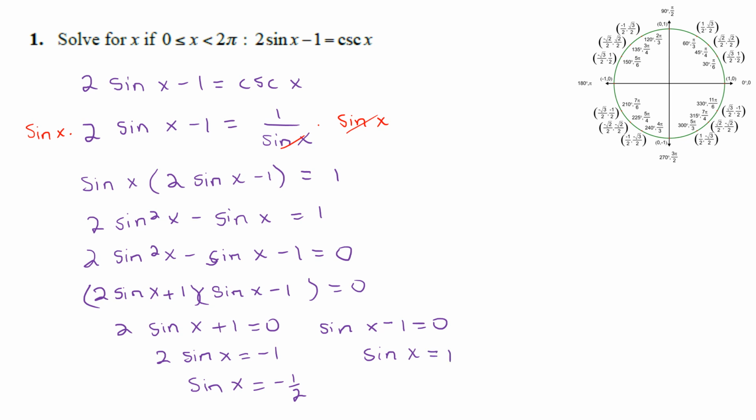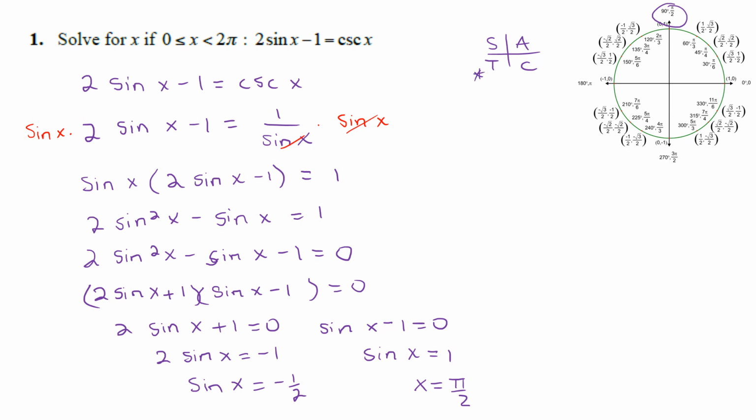I'm going to utilize my unit circle to help me identify the angles in radians for each of these factors. For sine x equals 1, I want to find the angle where the sine value is 1, and that's going to be pi over 2. And then for sine x equals -1/2, what quadrants is sine negative?